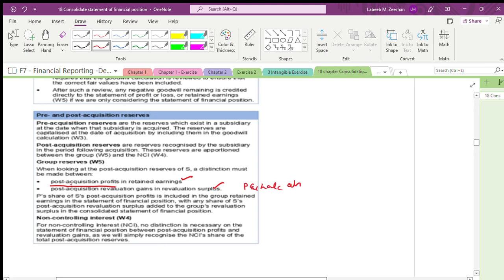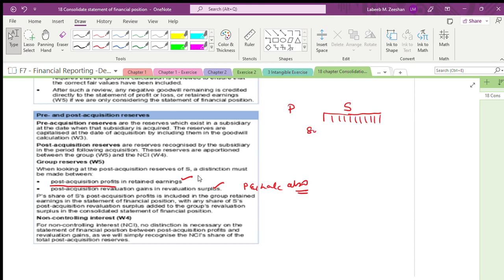The moment we are talking about the parent company and the subsidiary company, they will do all the experiments with the subsidiary company. They will say that 80% belongs to the parent company and 20% belongs to the subsidiary company.